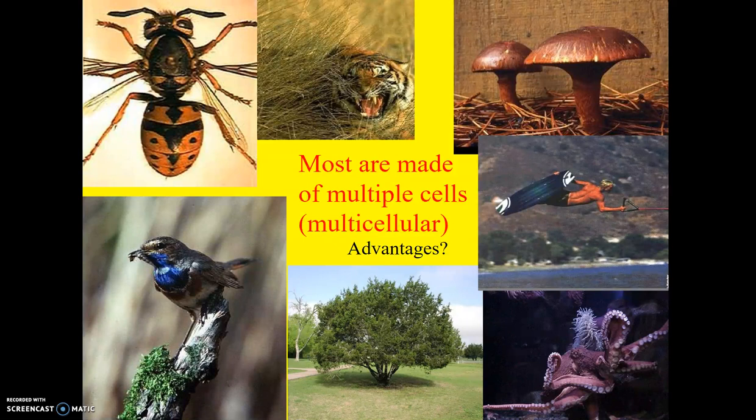And so that is an advantage for the organism because they can have specialized tissues. Those tissues allow the organisms to move around, respond a little bit more to their environment, and allow the organisms to adapt to and survive in different environments. And so they can survive in places where other organisms may not.